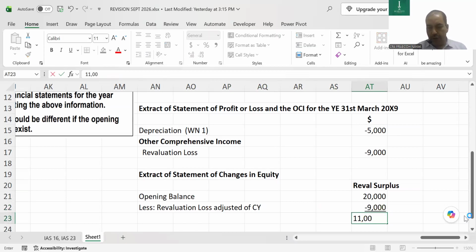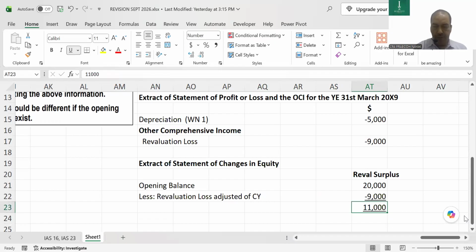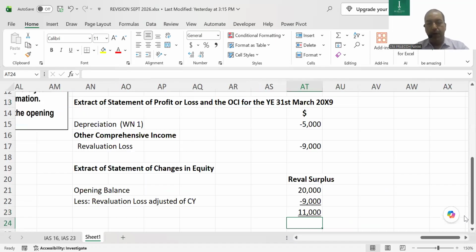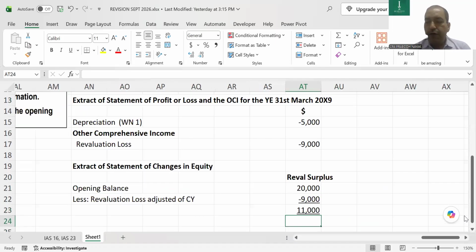So 11,000 balance. Okay, so the extract of statement of profit or loss is done, and then we have prepared the extract of statement of changes in equity.